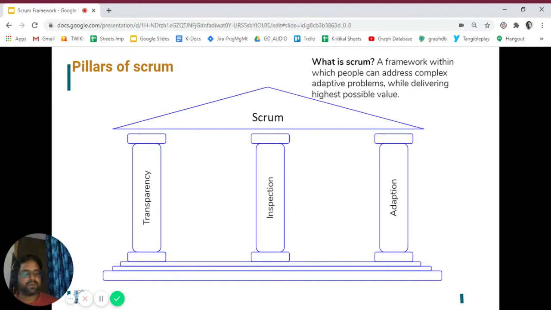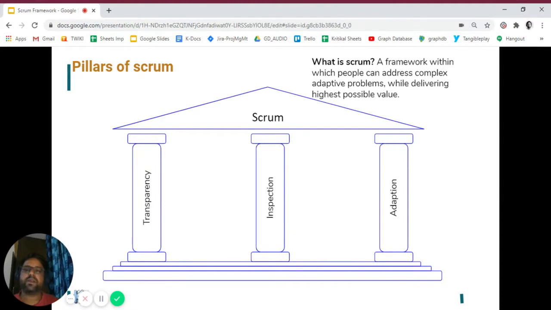So here transparency means any significant aspect of a project or a process must be visible to all, meaning all who are involved in the outcome.